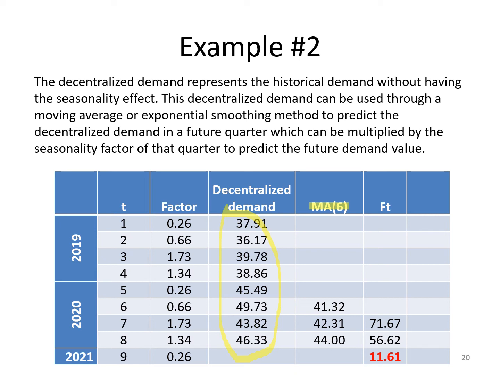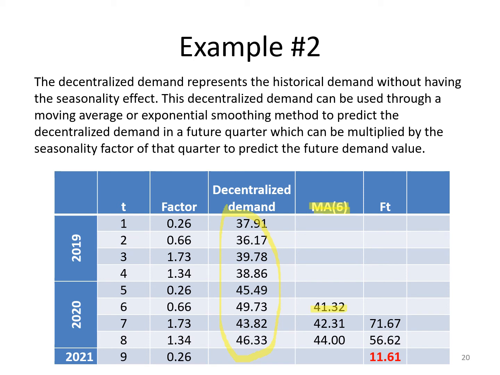But once you have the decentralized demand value, you can apply any forecasting technique, any moving average technique, or exponential smoothing, for instance, to forecast the decentralized demand in the future. So here I decided to use moving average of 6 periods.